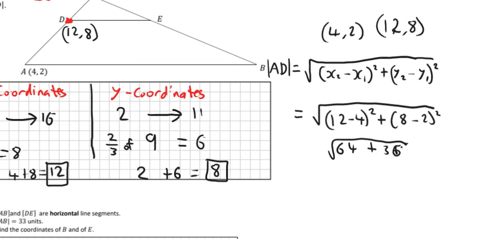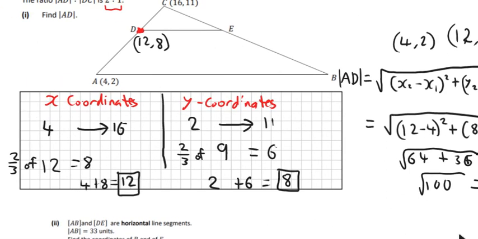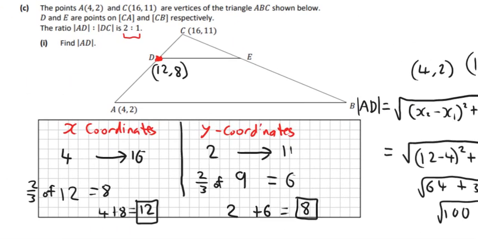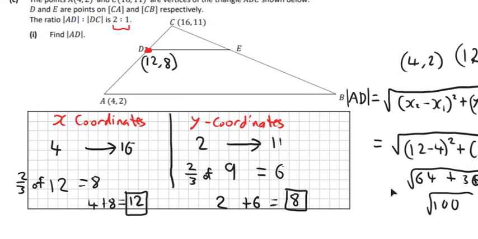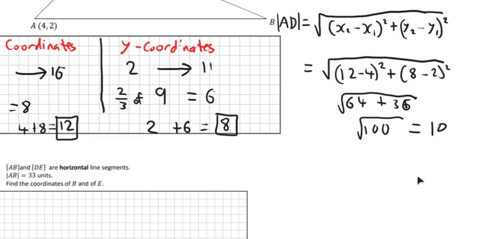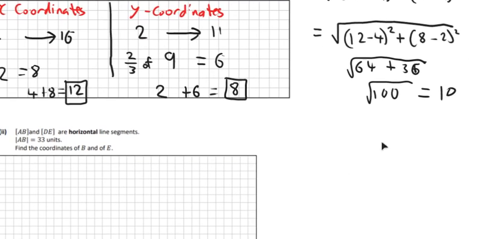And we don't even need a calculator, actually. 64 and 36 is 100, and we should know that the square root of 100 is 10. So 10 is our answer, so it'll just be 10 units. There's no real unit, so it's just units. So 10 is our answer.